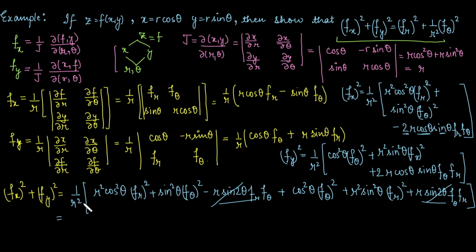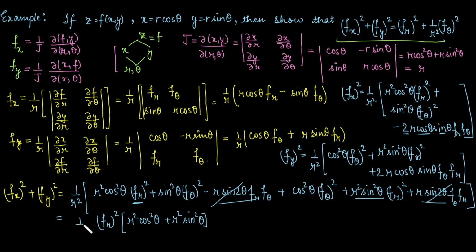Remaining terms are, in this case, what is the coefficient of partial derivative of function with respect to r? The coefficients are r square cos square theta, and the second is r square sine square theta.